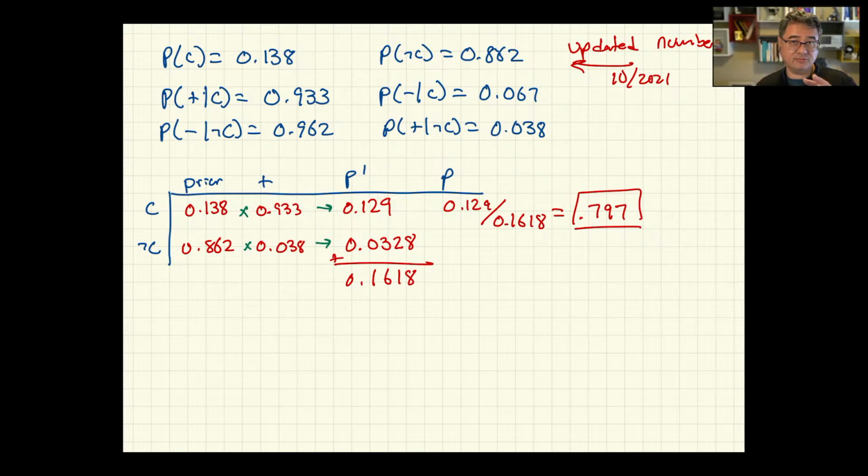So because more people have now had the coronavirus, the accuracy of that test goes up to about 80%, which is better than the almost 50% we had before, but it's only because you're more likely to have had the coronavirus now than you were in the past. You're 3 times more likely to have had it, and therefore these numbers go up a bit.